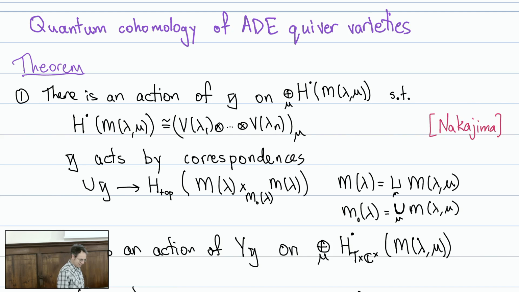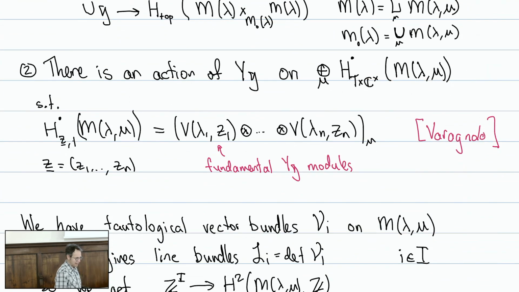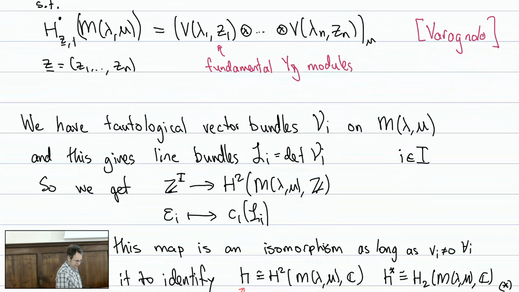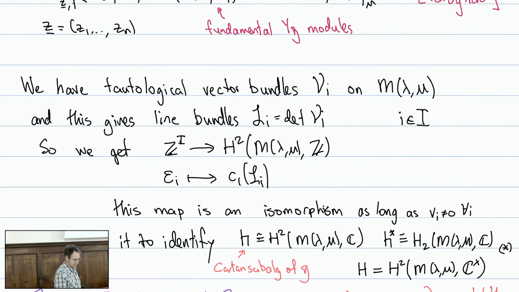And this was extended, probably also almost 30 years ago, by Varagnolo to an action of this larger algebra called the Yangian, also by correspondences. Then we discussed that we have a description of the second cohomology, which is equal to the Picard group of the quiver variety using these tautological line bundles coming from determinants of tautological vector bundles.